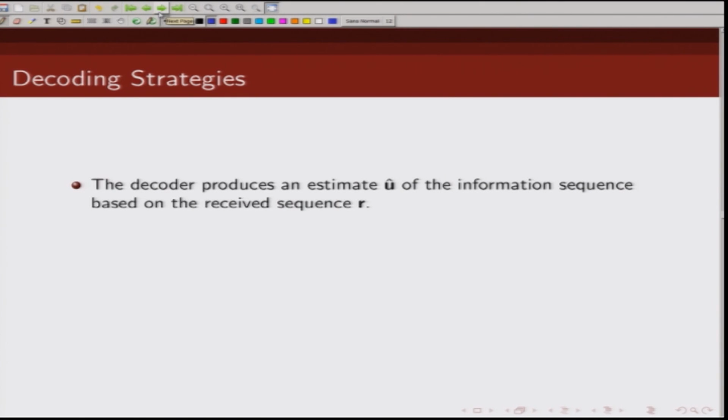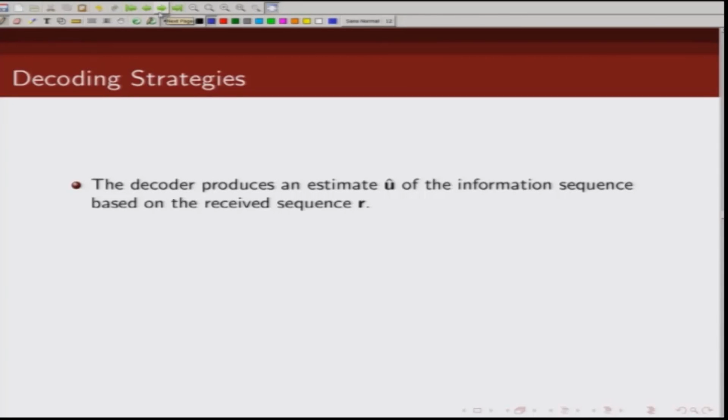Now, let us move to the topic of what sort of decoding strategy we should employ when we want to decode a code. As I said, the decoder's objective is that it takes as input the demodulated signal R, and it has to produce an estimate of the information sequence U hat.